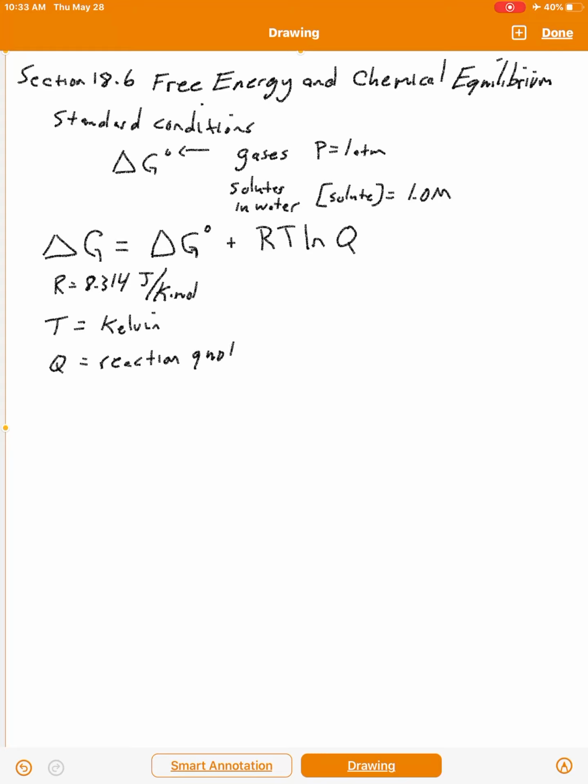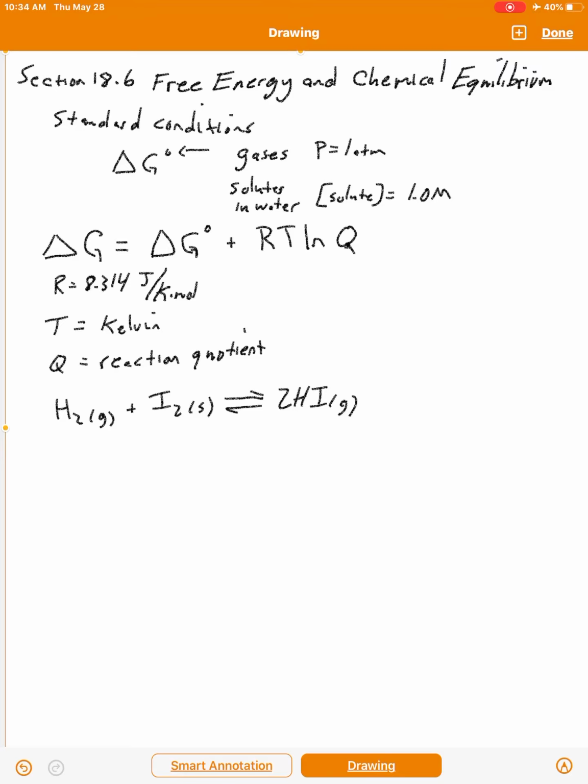This is what we discussed way back in chapters 15, 16 and 17, the reaction quotient. It turns out that the adjustment to the free energy change for non-standard conditions is related to chemical equilibrium. For example, suppose we have this reaction here, H2 gas plus I2 solid goes to 2HI gas.